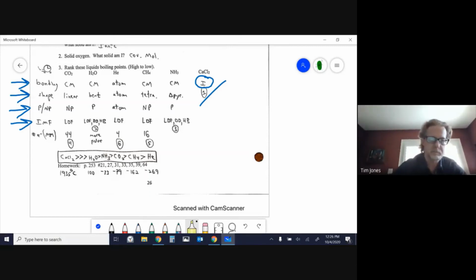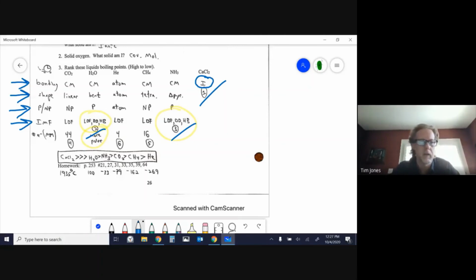You'll notice that both water and ammonia have all 3 intermolecular forces. So in this case, what you have to look at is which one has stronger forces of the 3. Well, because water's more polar, its dipole-dipole force will be stronger. And so that's why this one wins. And we now have number 2 settled here. And then this one falls into place in number 3.